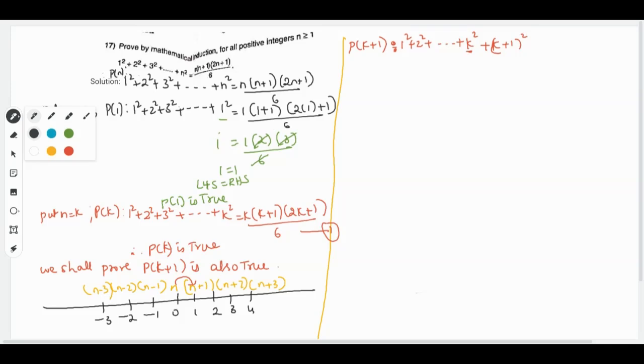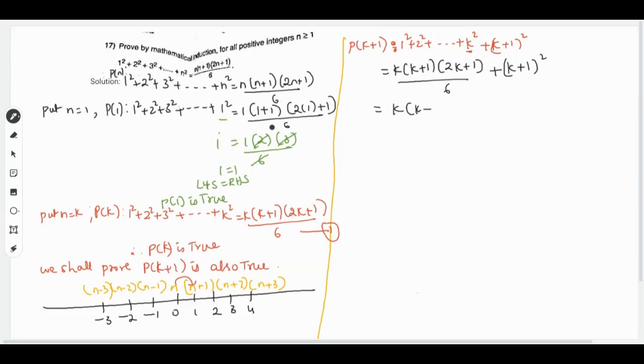Therefore that will be equal to k into k plus 1 into 2k plus 1 divided by 6 plus k plus 1 whole square. Now taking LCM we get k into k plus 1 into 2k plus 1 plus 6 into k plus 1 whole square, divided by 6.